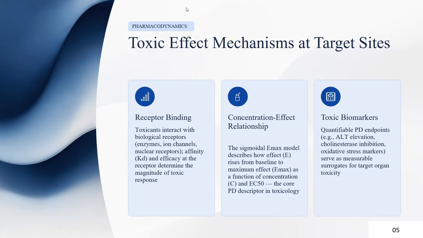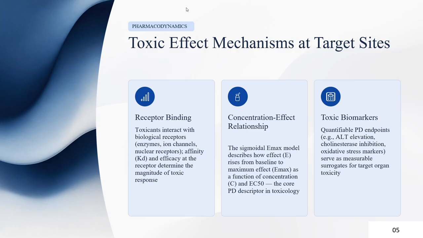Second is pharmacodynamics, which includes the toxic effect mechanism at the target site. Pharmacodynamics explains how the toxicants produce harmful effects. First is receptor binding. Many toxicants interact with receptors, enzymes, ion channels, or nuclear receptors.